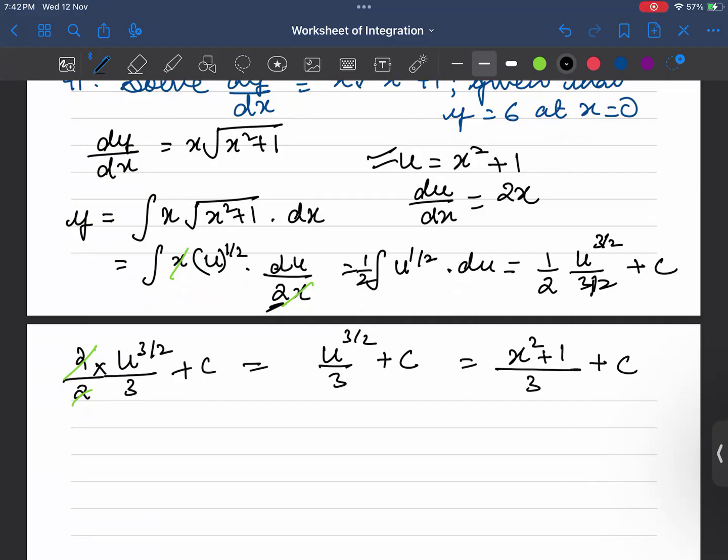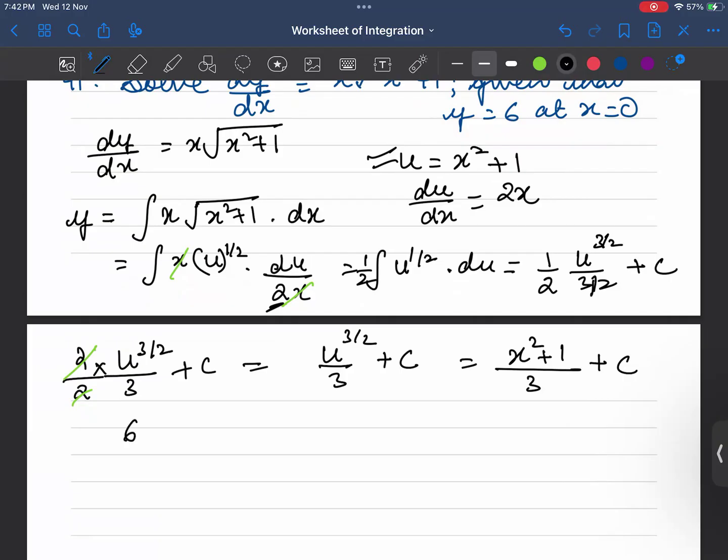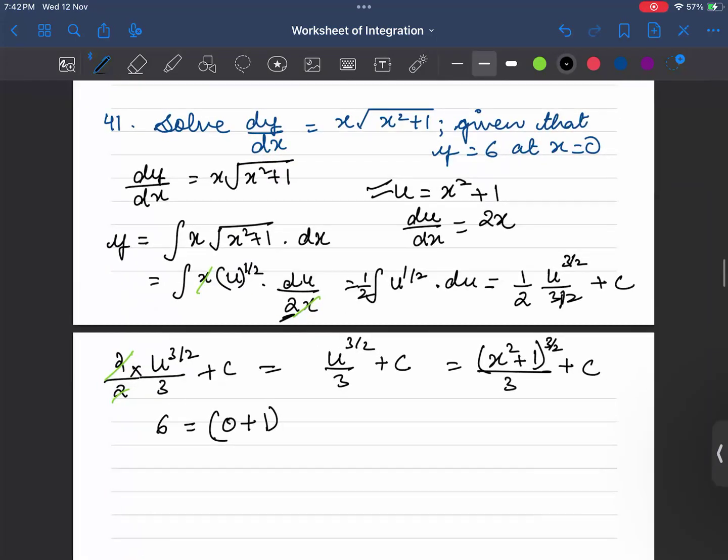I think it's clear. We have substituted back, so now we have y equals 6 when x equals 0, they are saying. So I am placing the value of x as 0: 1 power 3 by 2 upon 3 plus c. I think it's clear.